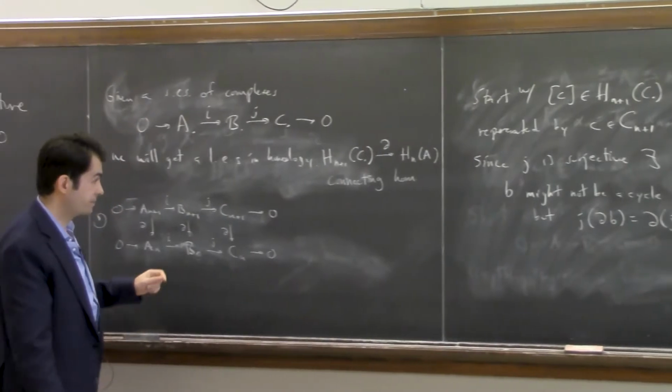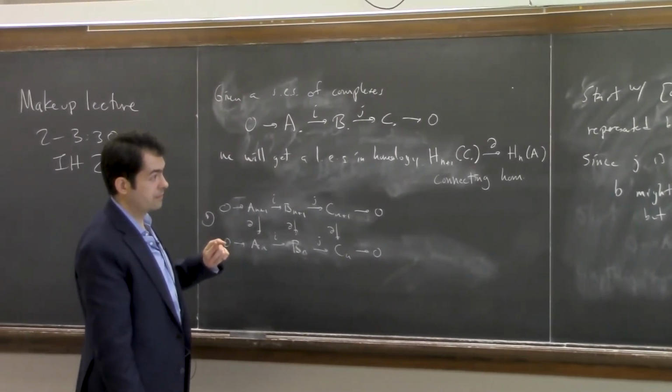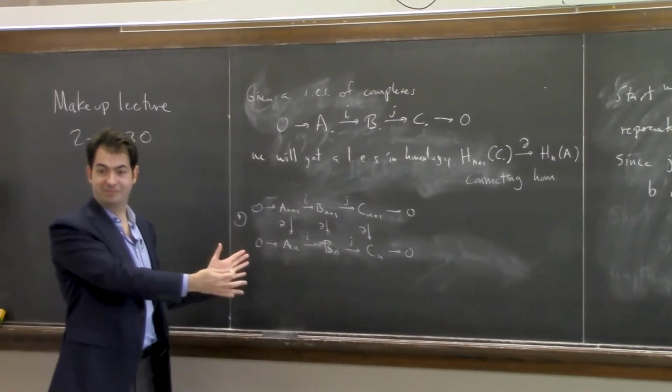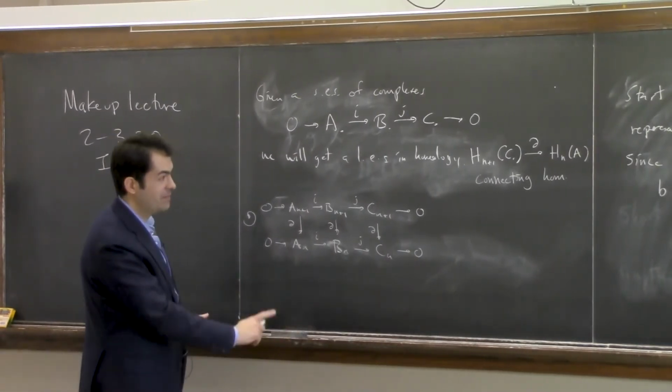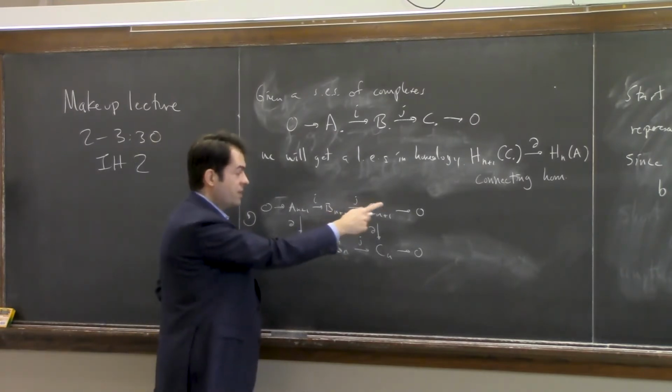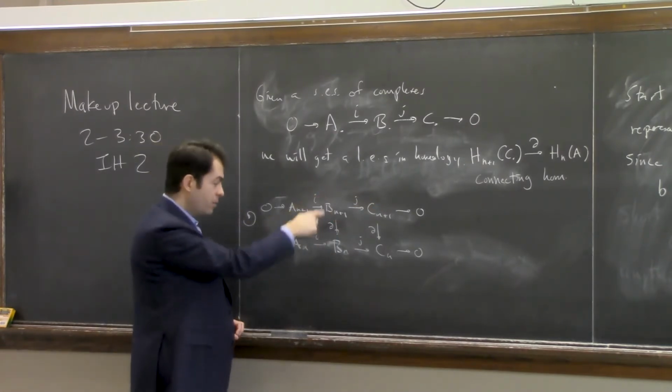I'm going to write everything out, but it's always clearer when you're just pointing your finger at the diagram. So we started out with somebody here. Because this is surjective, we pull it back over here. Now we hit it with the boundary.